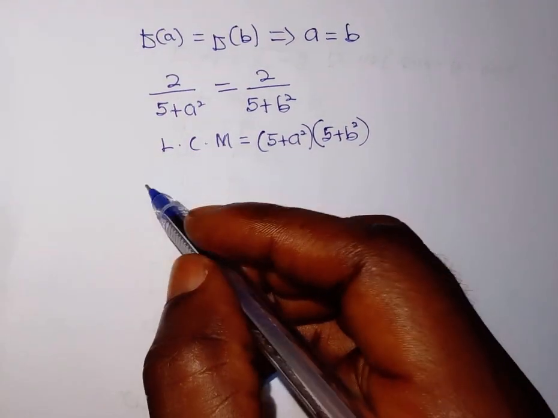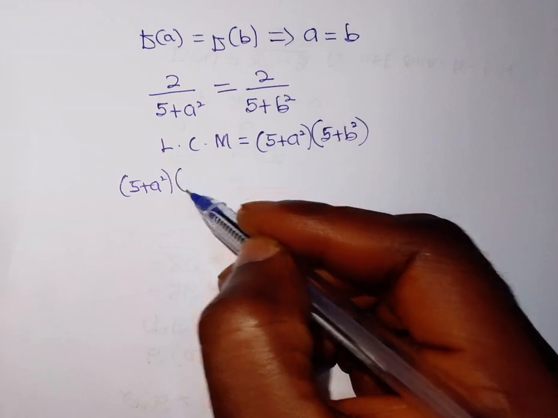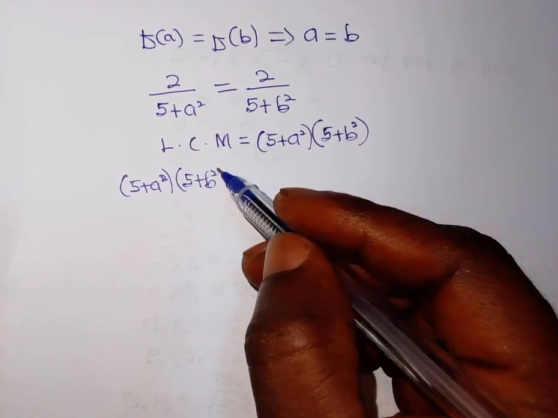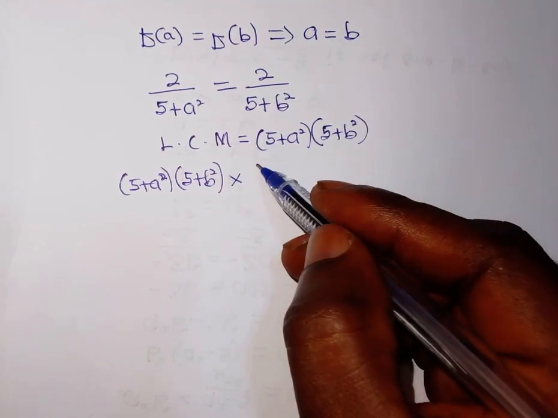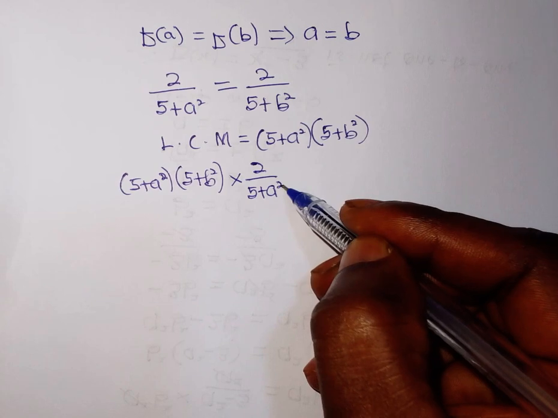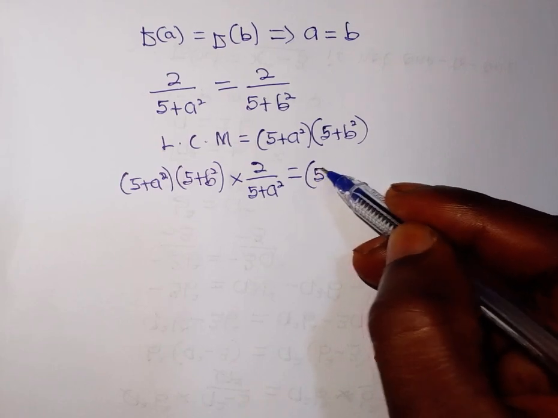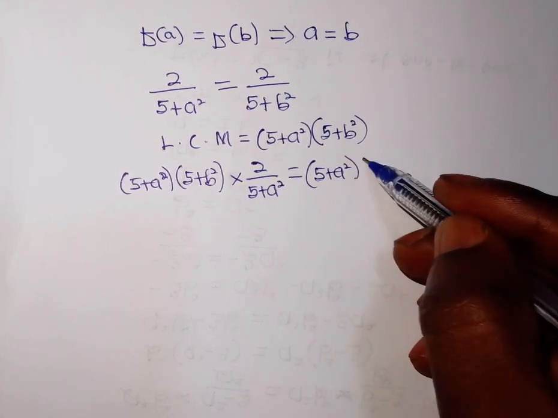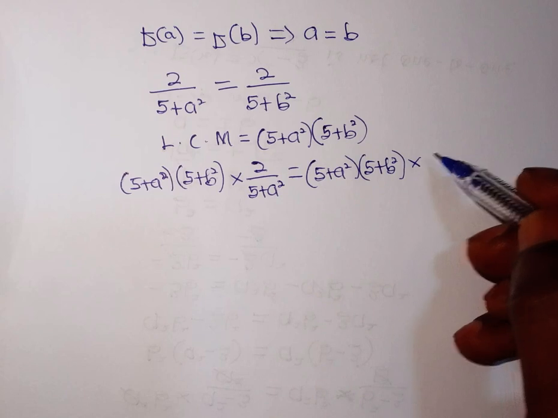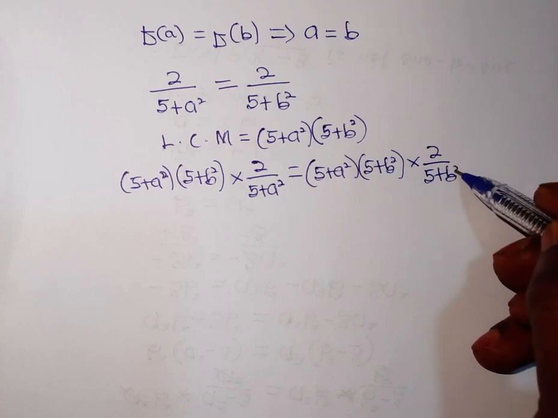Okay, I will just write 5 plus a squared multiplying 5 plus b squared, all multiplying the expression 2 divided by 5 plus a squared, which should give me the same expression 5 plus a squared multiplying 5 plus b squared, all multiplying the expression 2 divided by 5 plus b squared.